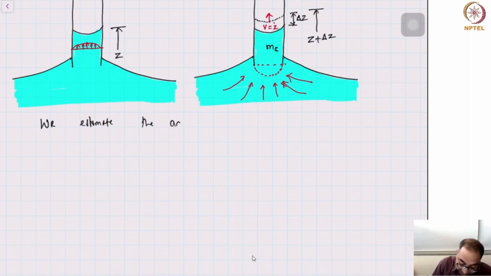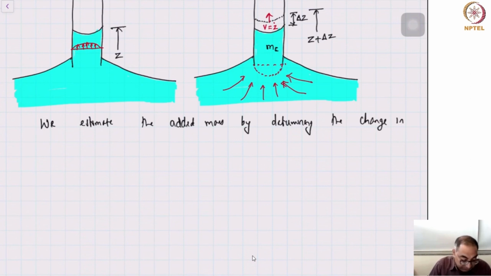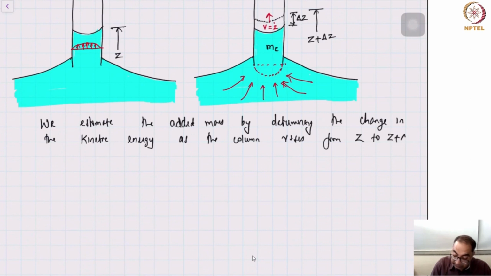We estimate the added mass by determining the change in the kinetic energy as the column rises from z to z plus delta z.